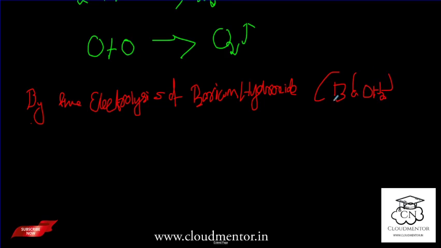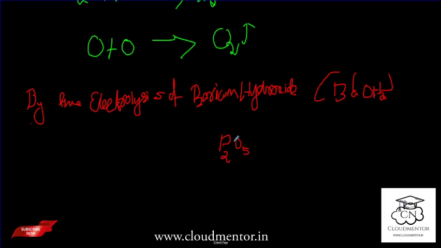This is done in a hard glass U-tube with nickel electrodes. Here H2 is liberated at the cathode and O2 is liberated at the anode. The hydrogen liberated is passed over heated platinum gauze to remove oxygen as an impurity, which is converted into water, and this H2 is dried by passing the gas over solid KOH and P2O5.